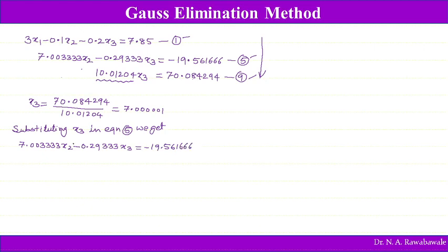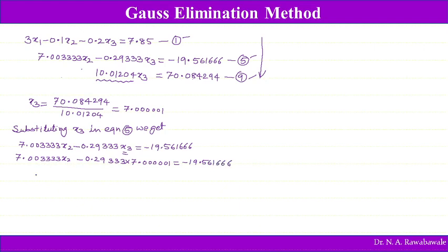Replacing the value of x3 here, 7.003333 x2 minus 0.293333 times 7.000001 is equal to minus 19.561666.